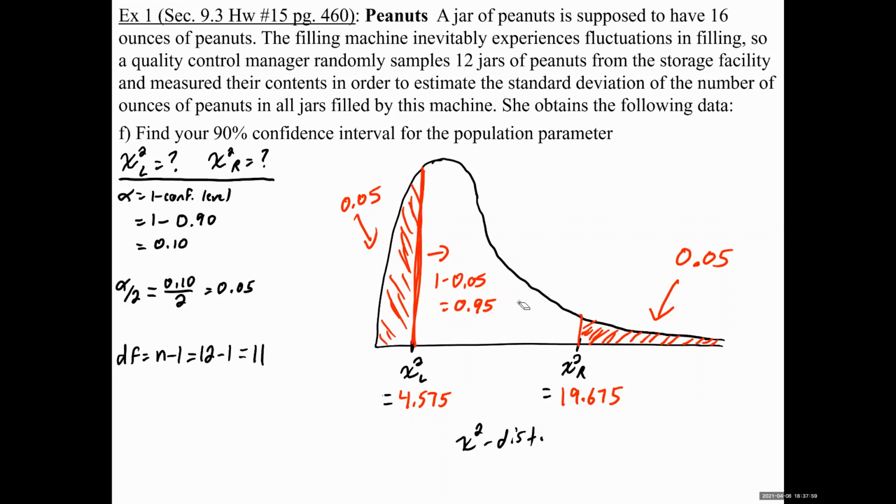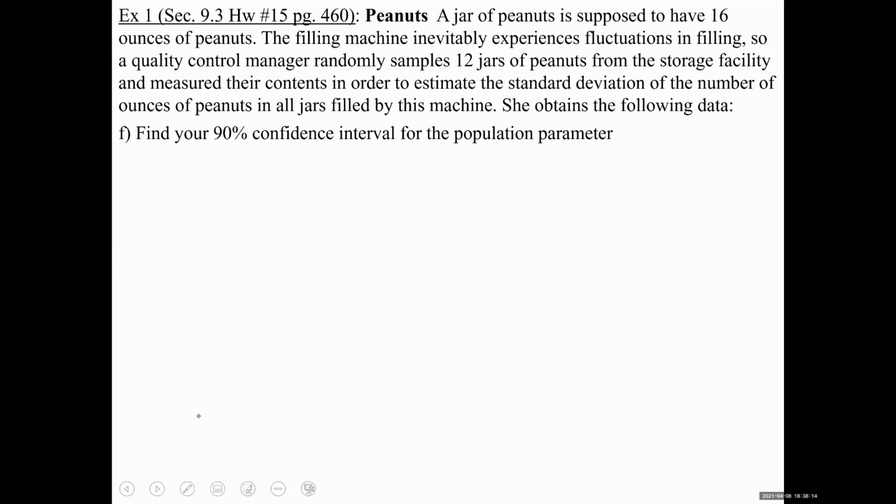Okay, so you find those numbers. Now I will have to erase some of that. Here, let me take a picture of this real quick, because I need more room. So, okay. So we just found out chi-square left is 4.575.